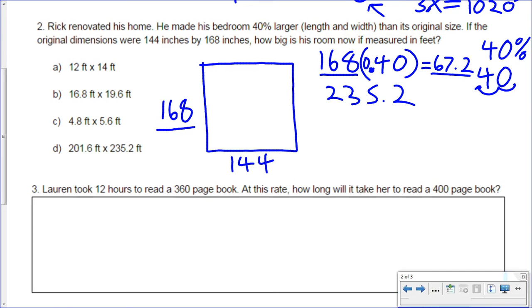Okay, so we can already tell what our answer is going to be. Okay, because we've arrived and there's no other option to have one of the lengths be 235.2.